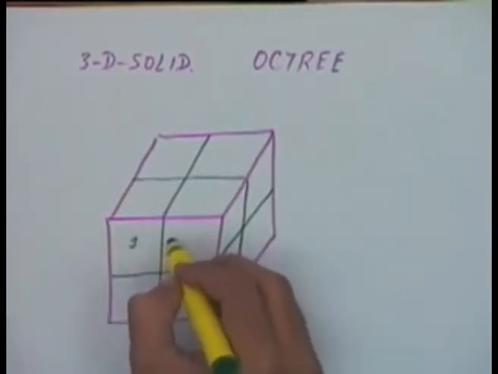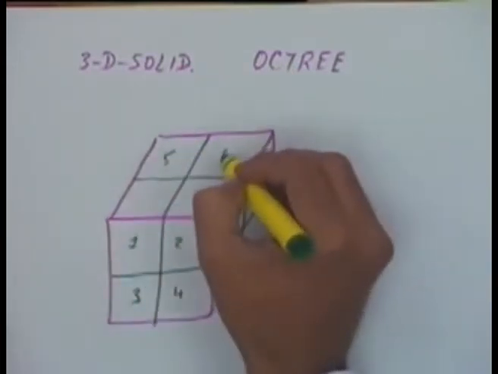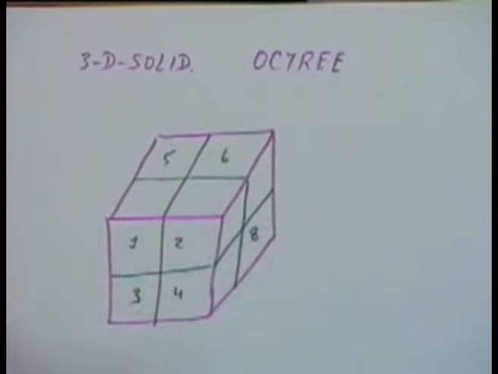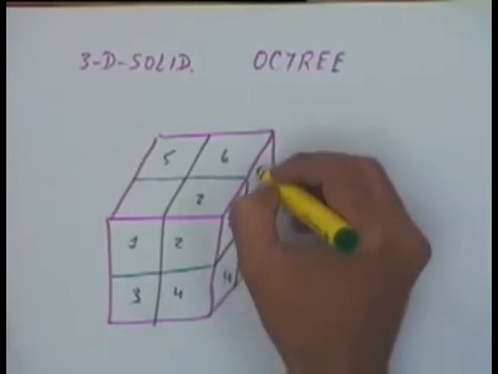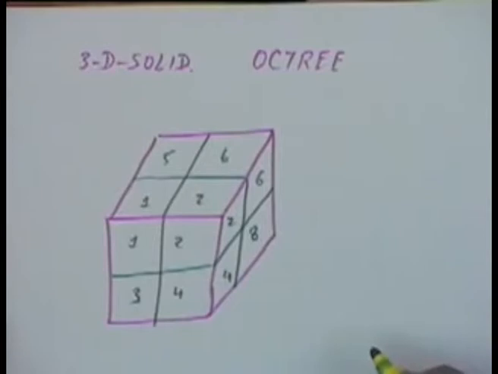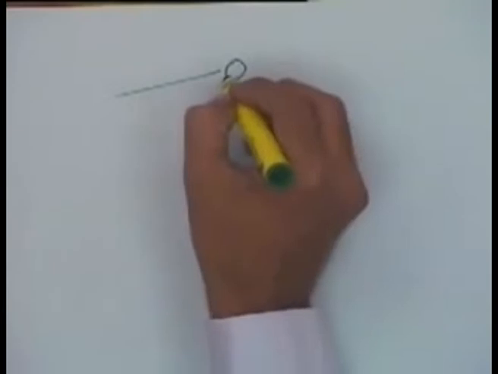We'll have, let's say, 1, 2, 3, 4, this one will be 5, this is 6, 7 will be at the bottom corner, and this one will be 8. Okay, these are faces of 2, this is 4, this is 6, and this is 1. So every cube will be divided into 8 octants, and every node of the tree will have 8 children.